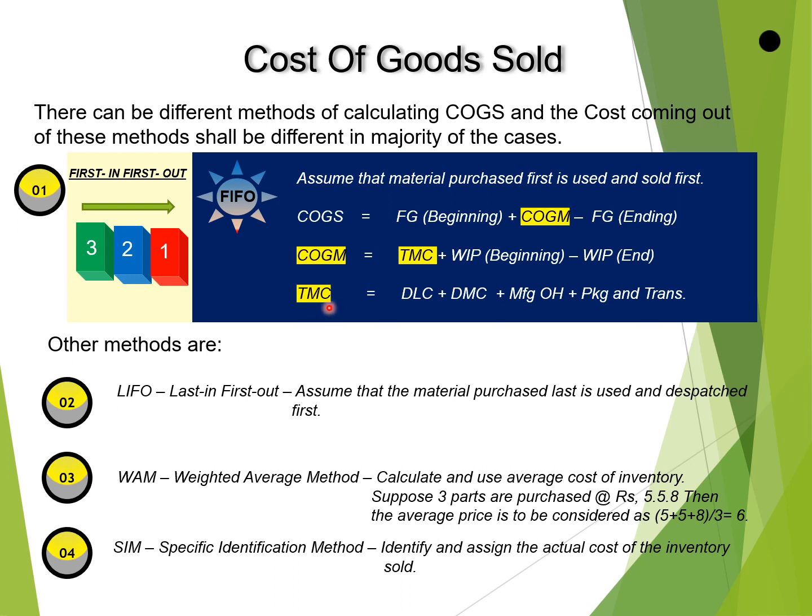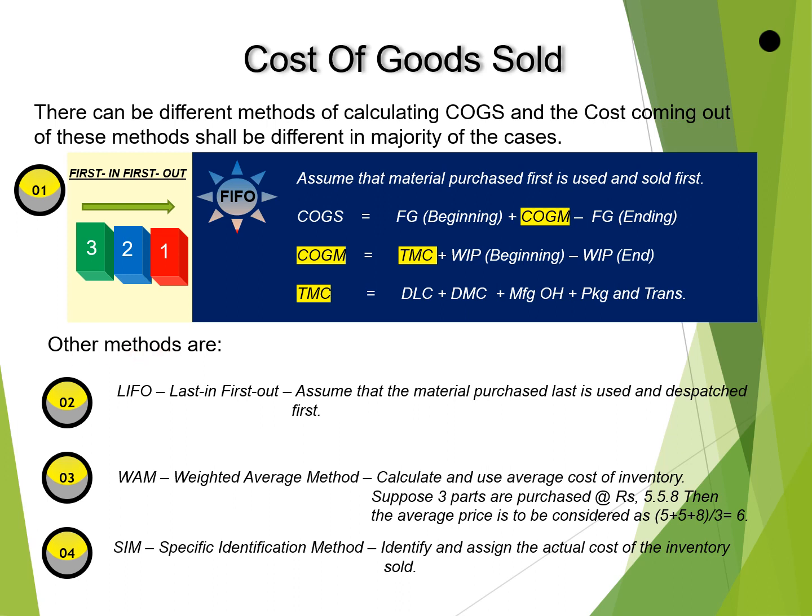And the total manufacturing cost is direct labor cost plus direct material cost plus manufacturing overheads plus packing and transportation. We'll take one example to make things more clear.